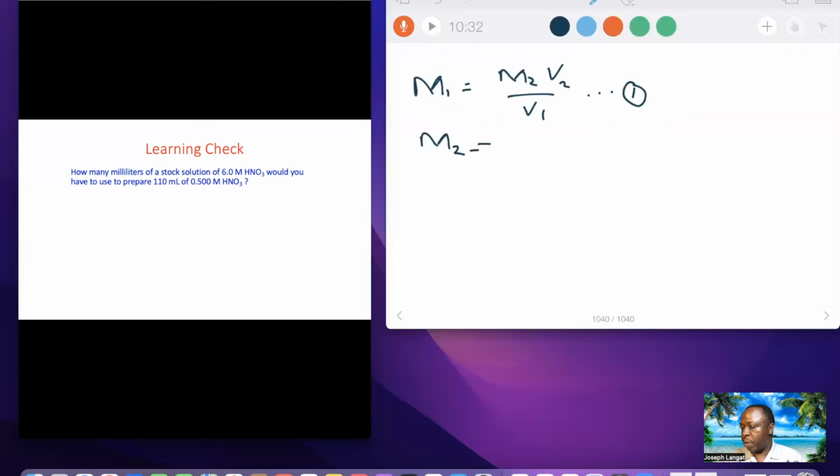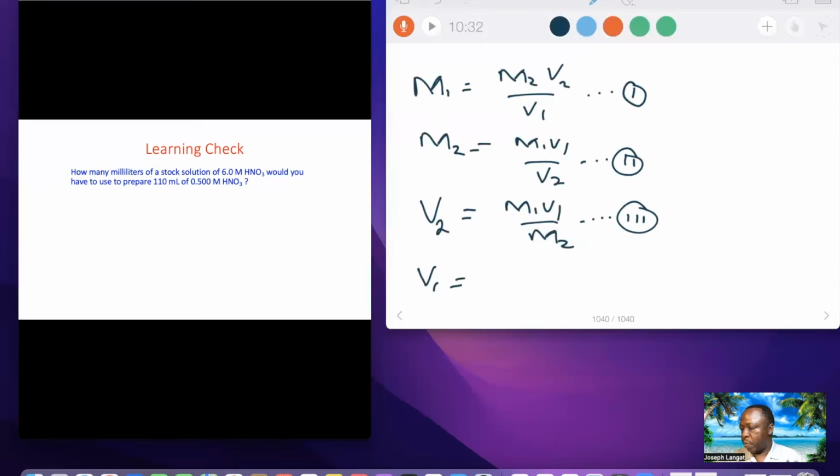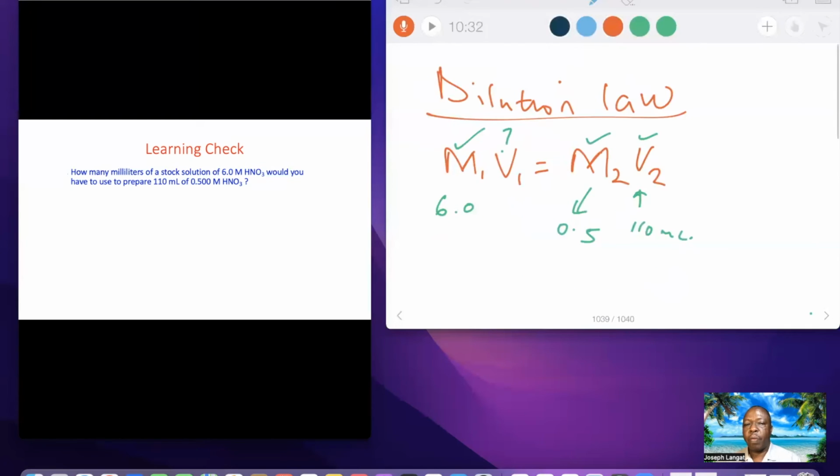M2 is given by M1 V1 over V2. Equation 3 is for volume, it's going to be M1 V1 over M2. This is equation 3, and V1 is given by M2 V2 over M1.